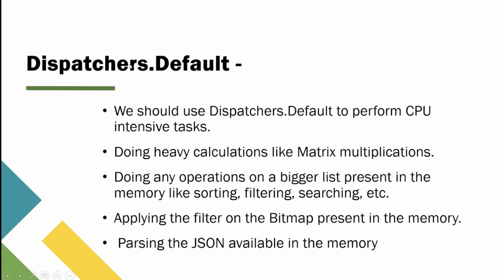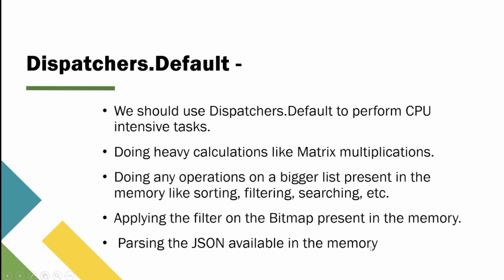Let's talk about Dispatchers.Default. So we should use Dispatchers.Default to perform CPU intensive tasks, doing heavy calculations like matrix multiplications, doing any operations on a bigger list present in the memory like sorting, filtering, searching, etc., applying a filter on the bitmap present in the memory, or parsing the JSON available in the memory.